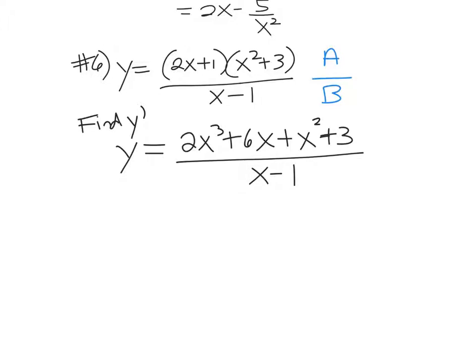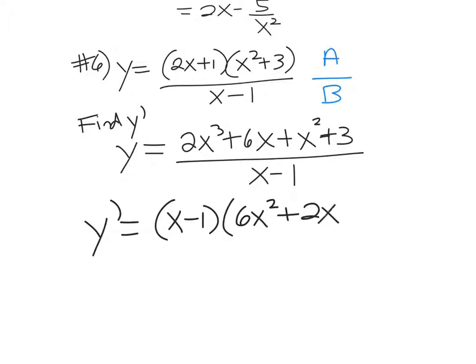Okay, so now we have A, we have B. Let's go ahead and take the derivative. So we're going to do low d high, so x minus 1 times the derivative of the top. The derivative of the top would be 6x squared, plus 2x plus 6. I'm just going to rearrange this a little bit.